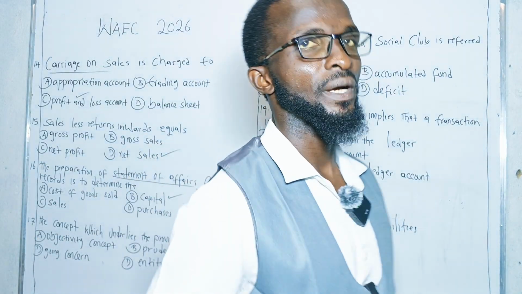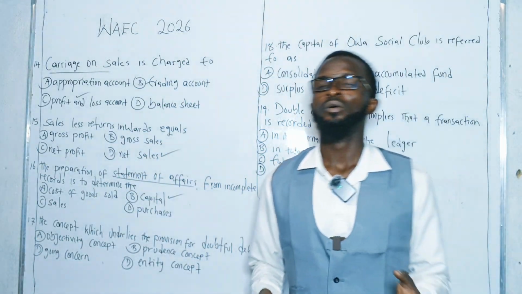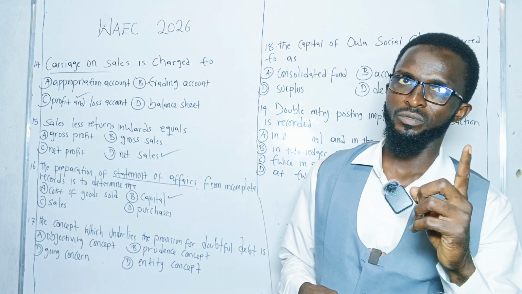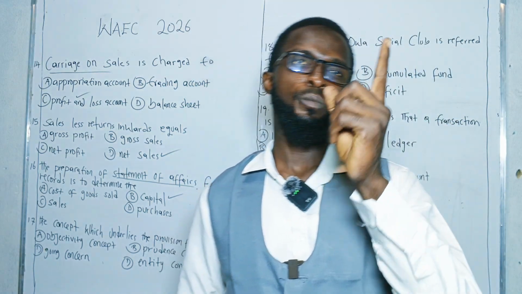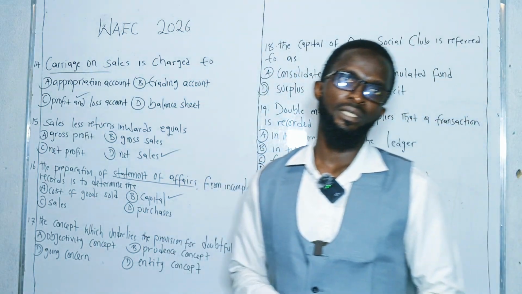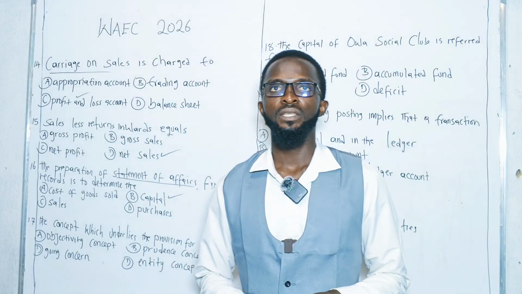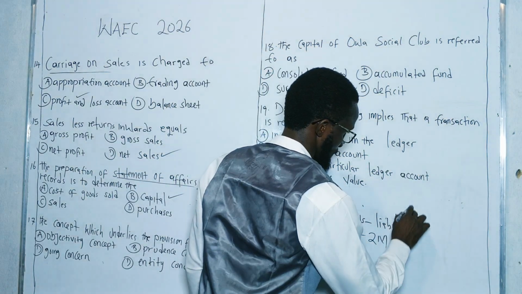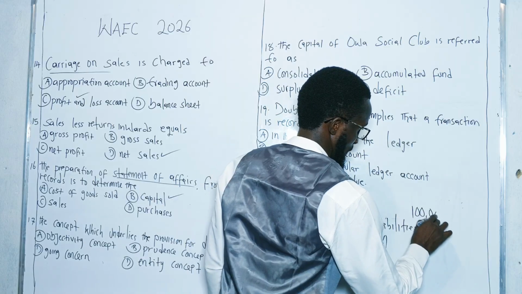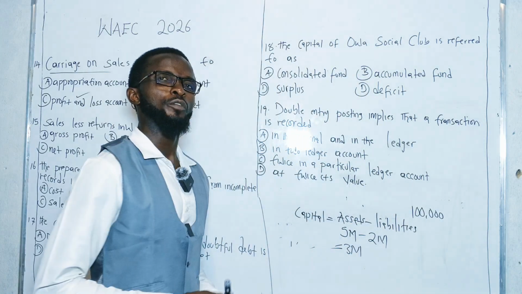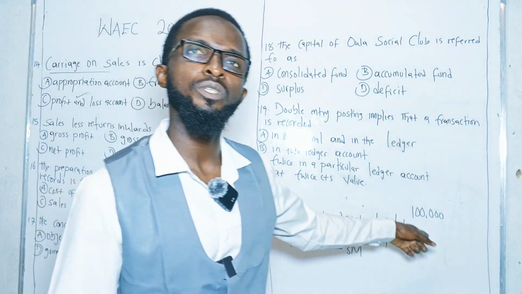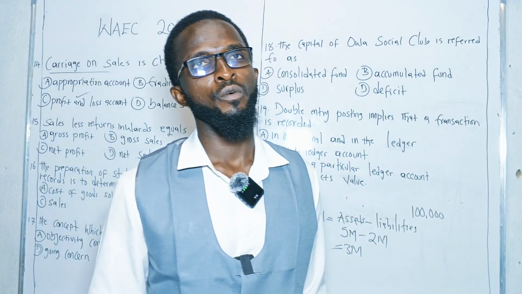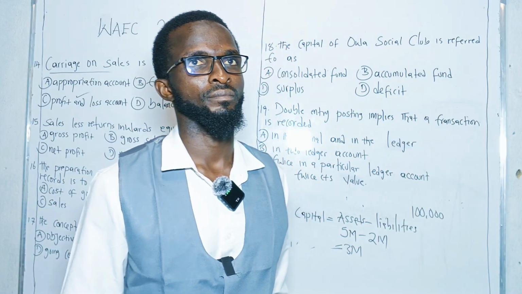Before preparation of accounts, there could be some customers you doubt will be able to pay their debt. Let's say customers owe you 100,000, but from this 100,000, you doubt if 10,000 will come from a customer.